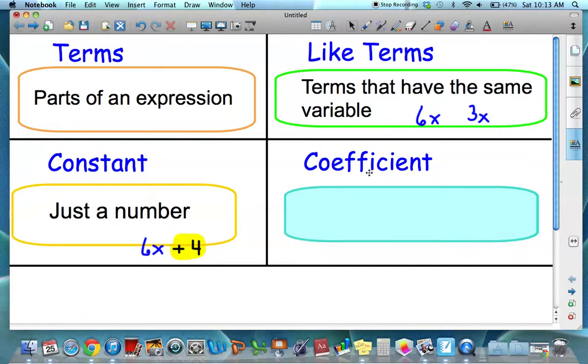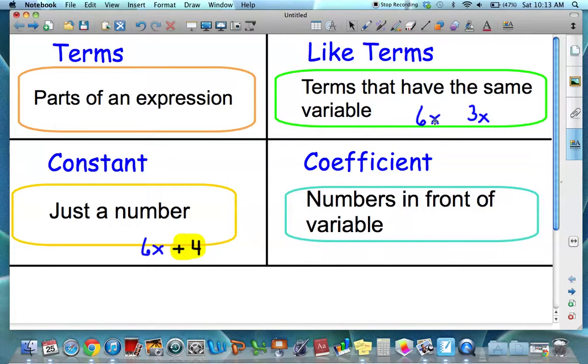Then coefficients would be the numbers in front of variables. So for example, with this 6x and 3x from before, my coefficients would be 6 and 3. So if you haven't included these vocab words on your note card, maybe pause this video right now and write them down.